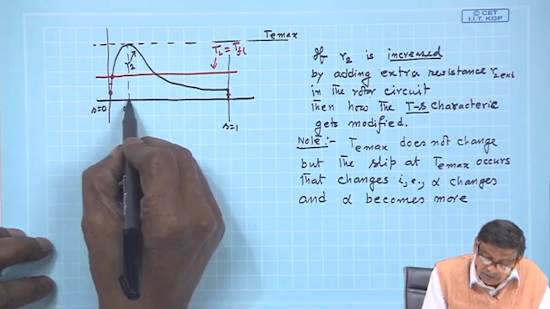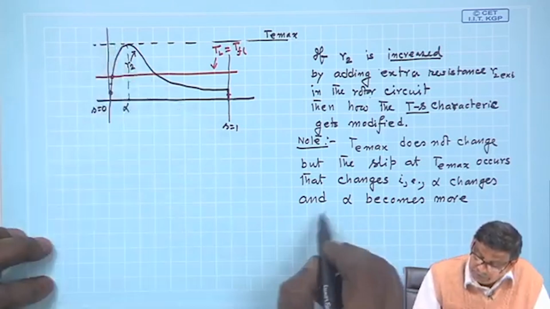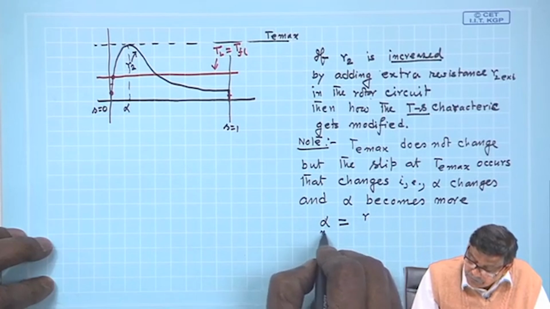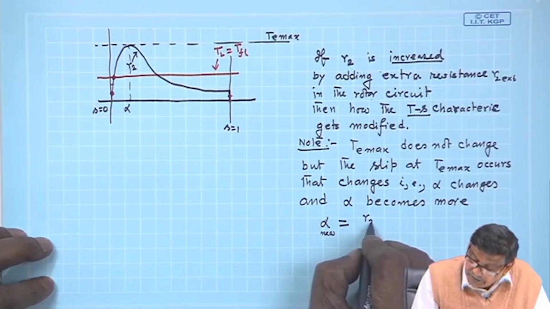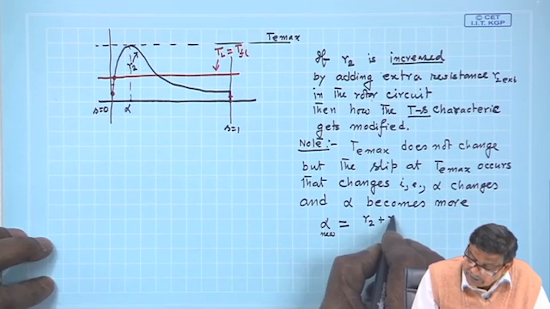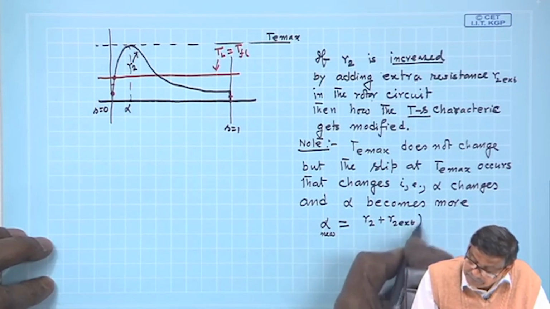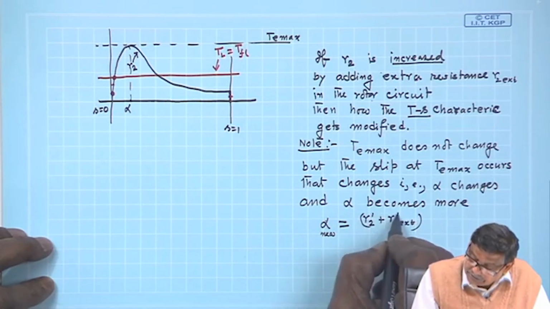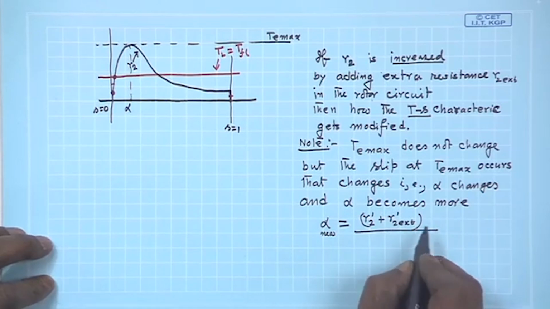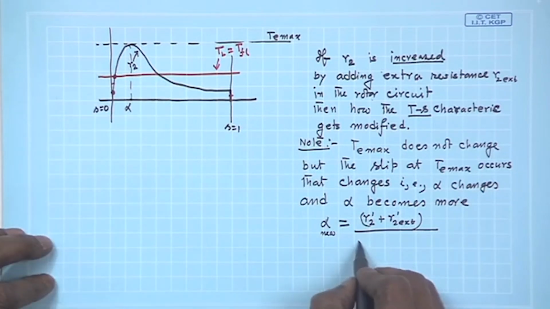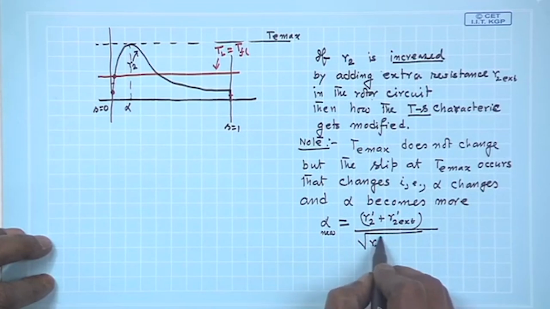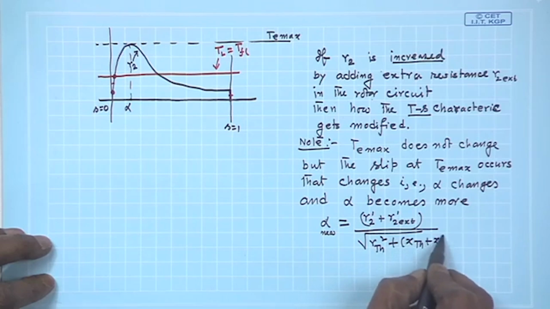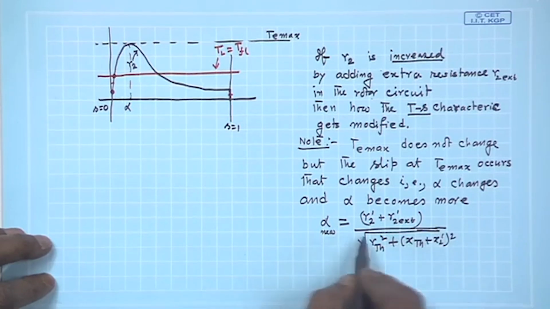But the value of alpha at which maximum torque occurs will be alpha new, equal to R2 dashed plus R2 external dashed divided by the square root of R Thevenin squared plus X Thevenin plus X2 dashed squared. This will be the value of alpha new.